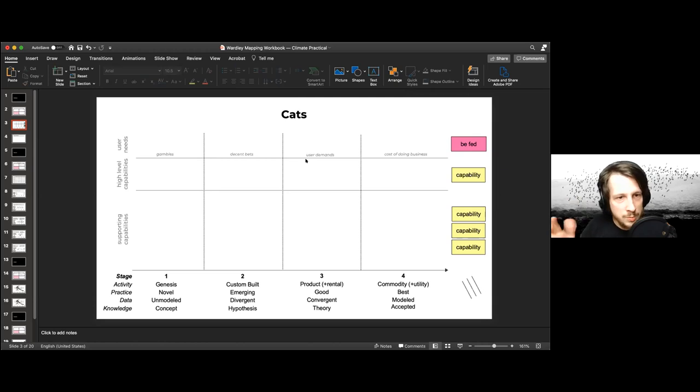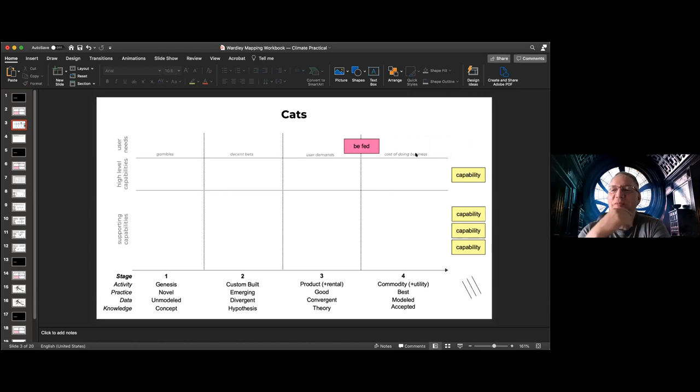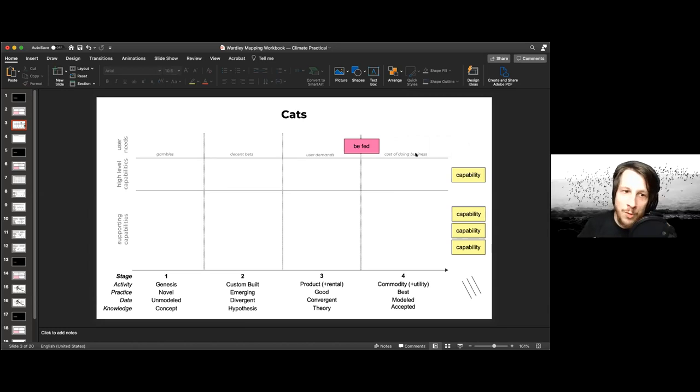In stage 3, it's more like user demands, like this is what we want, give it to us, please. And then stage 4 is the cost of doing business. It's not special anymore. It's just a must. And I suppose if I were thinking charitably about my cats, I would probably put them somewhere between user demands and the cost of doing business, because they don't need to be fed right now. That's not how the feeding schedule works, but they will certainly demand it.